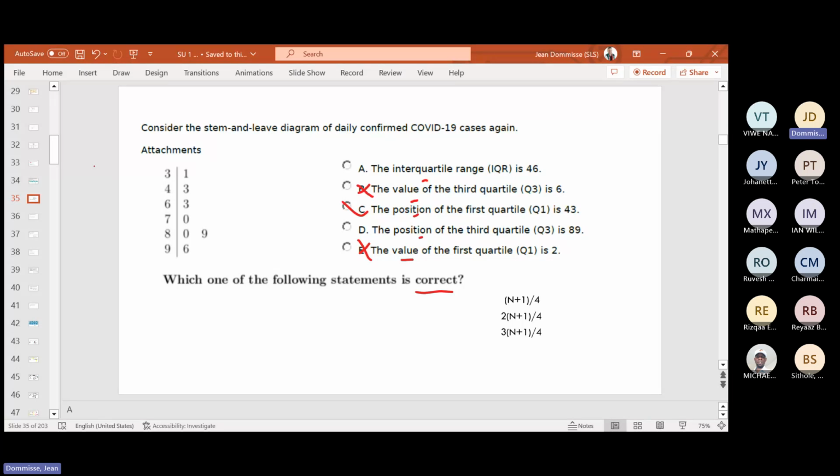So number 6: 1, 2, 3, 4, 5, 6. Okay, so that one is also correct. And that's why I said it's very interesting, because if you subtract these 2, you also get the interquartile range. That is correct. Okay, so this is definitely one that has more than one answer.